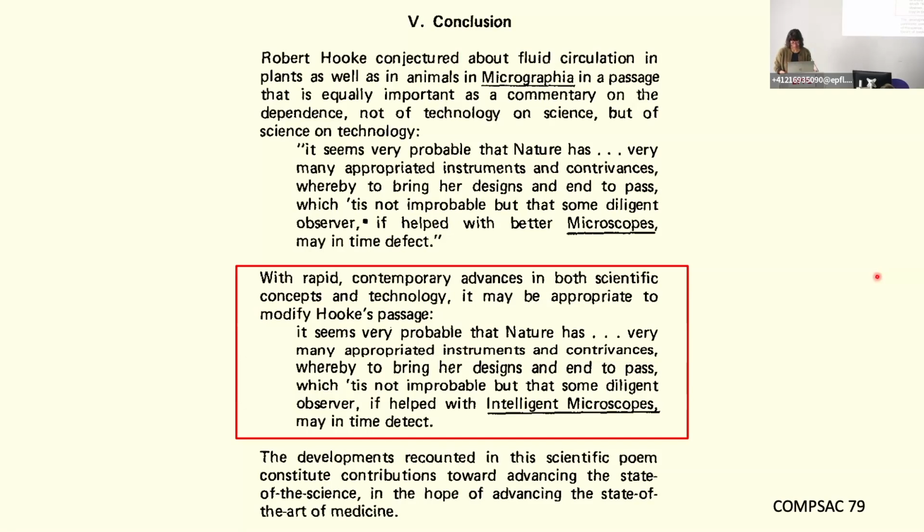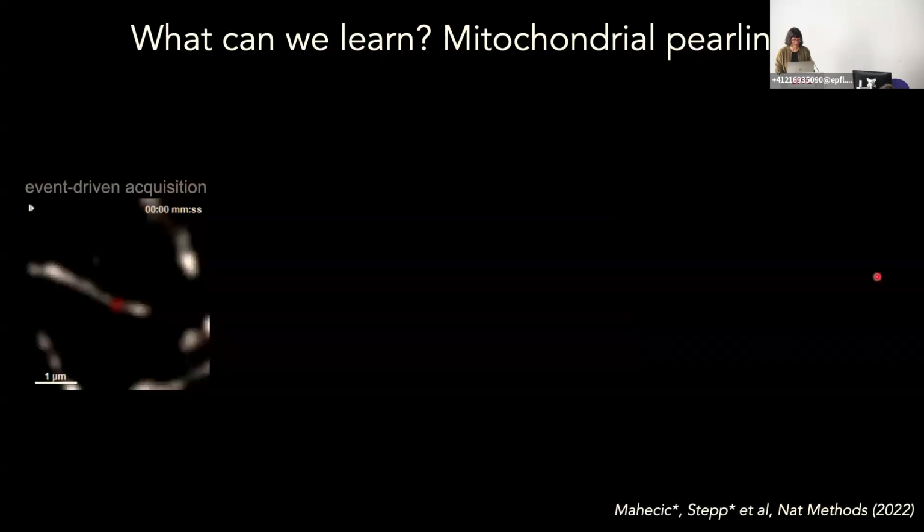So we're very excited about the possibilities that intelligent microscopes will eventually empower us to see things that we could not otherwise see. And indeed, I showed you this data earlier, but perhaps many of you are not used to looking at mitochondria.